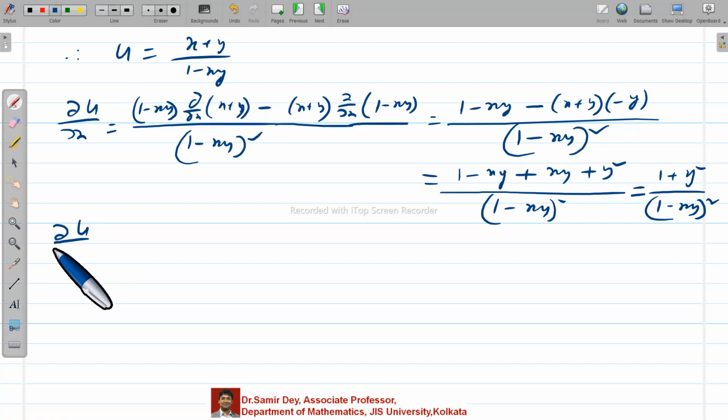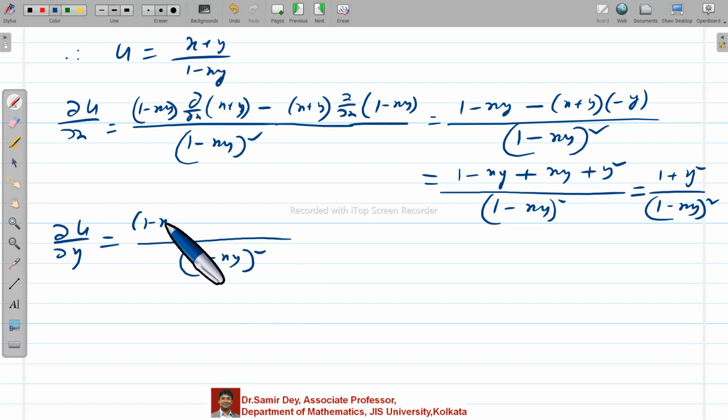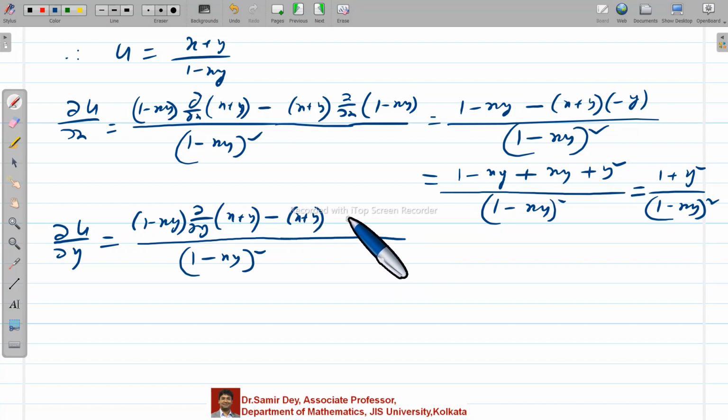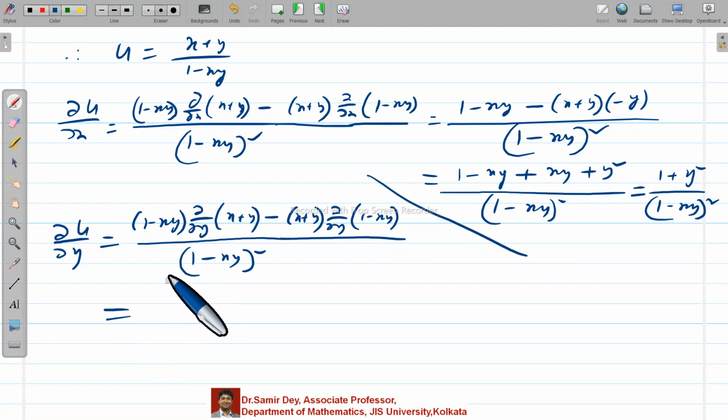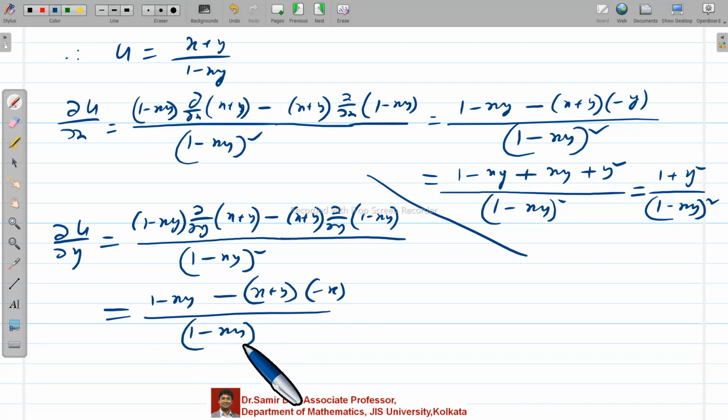Same way you can calculate del u del y. So it will be 1 minus xy whole square, 1 minus xy del y of x plus y, minus x plus y del y of 1 minus xy. From here you may write 1 minus xy, there del y of x is 0, minus x plus y into minus x by 1 minus xy whole square.